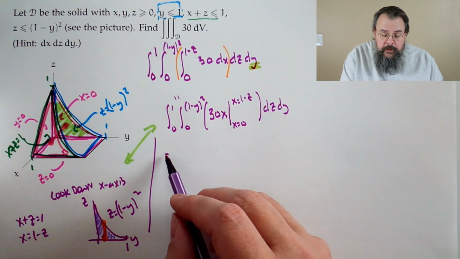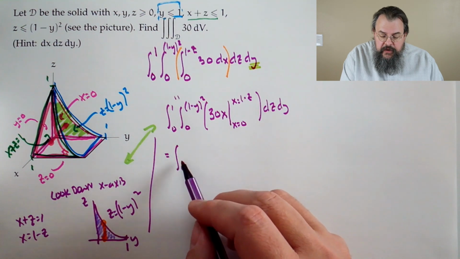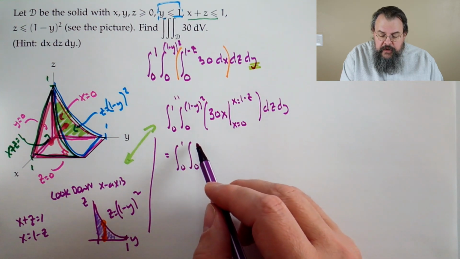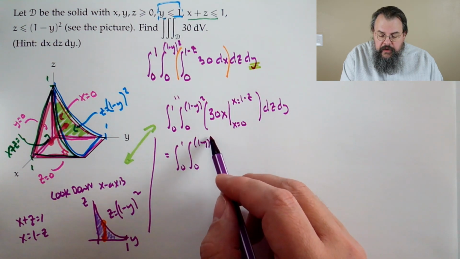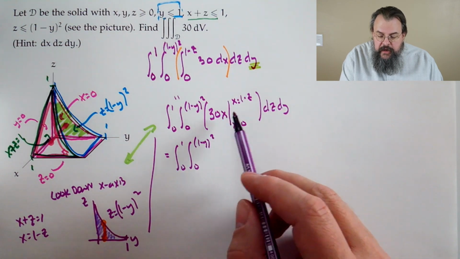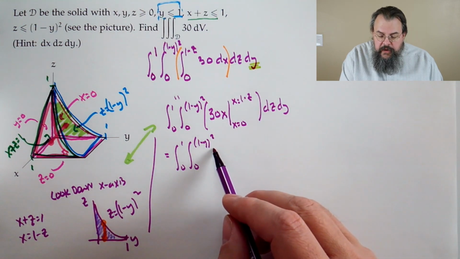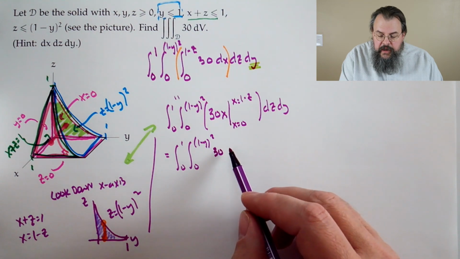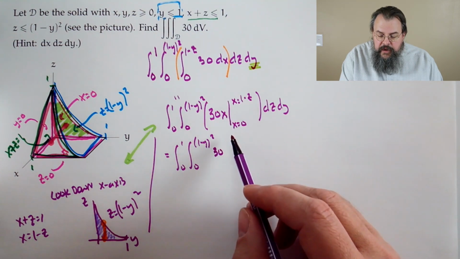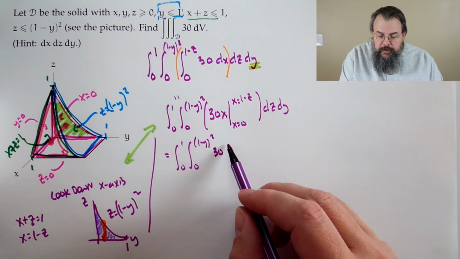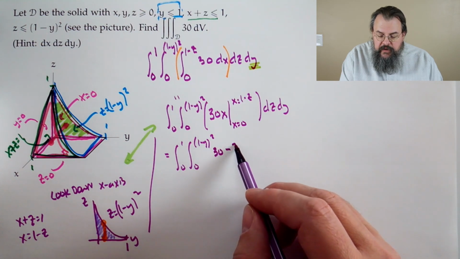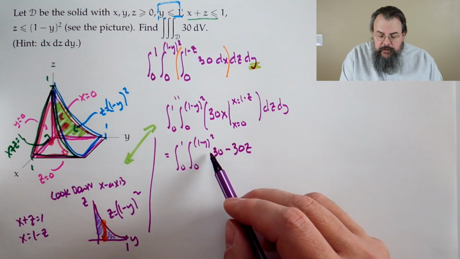Okay, well, what will that be? 0 to 1, 0 to 1 minus y squared, and then here, multiply through, we're going to get 30 times 1 minus z. We can write it as 30 minus 30z. Why not?